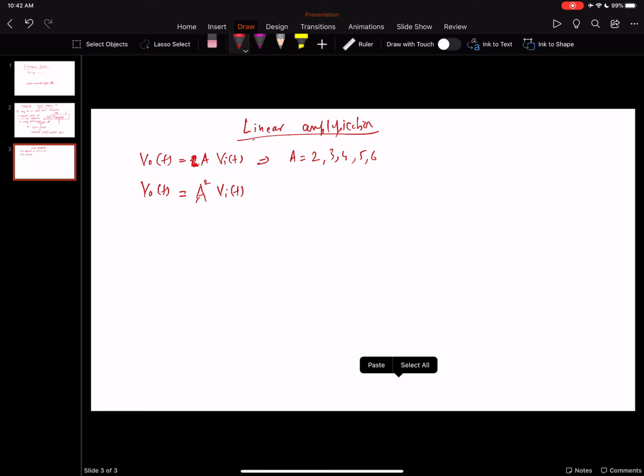The idea was, can we get higher powers of amplification or not? What does it mean to have a linear amplifier? A linear amplifier means that I want my signal to be amplified, but only linearly. Let me put some graphs to make it easier to understand.